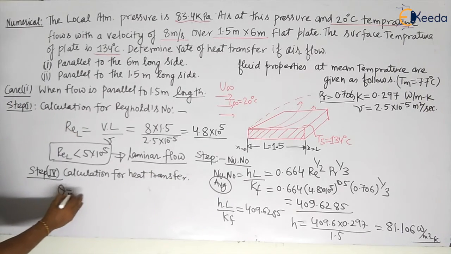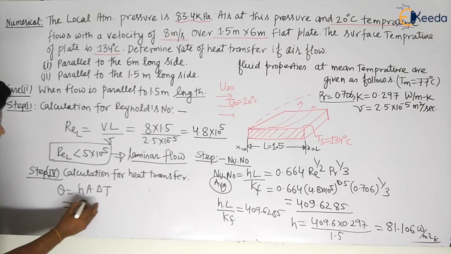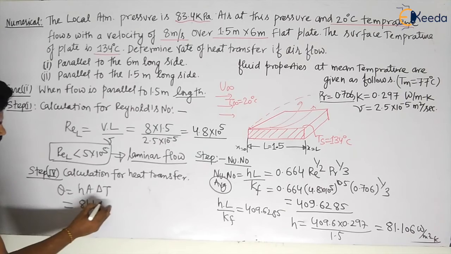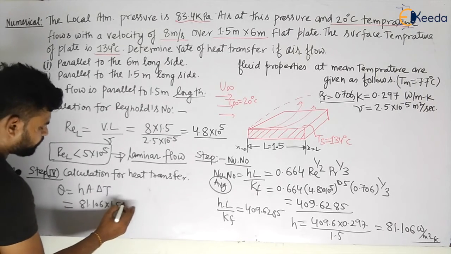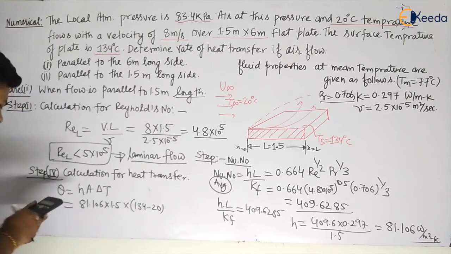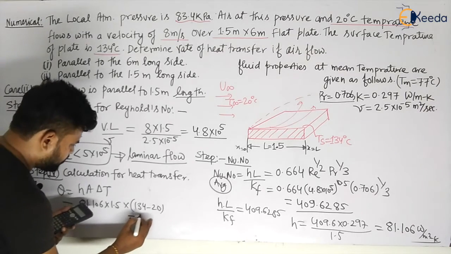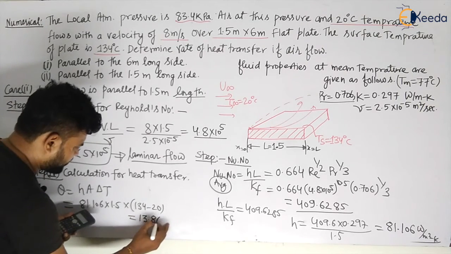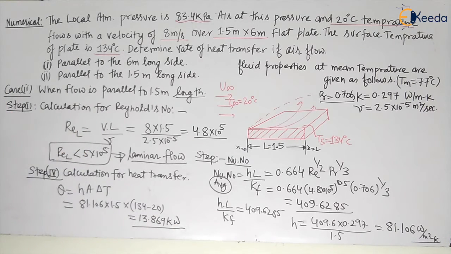So Q will be given by hAΔT. We have calculated h, which is 81.106, multiplied by area 1.5, into ΔT, which is 134 minus 20. So this will come to be equal to 13.869 kilowatt, my dear students.